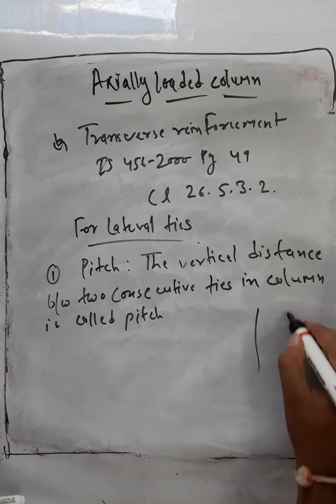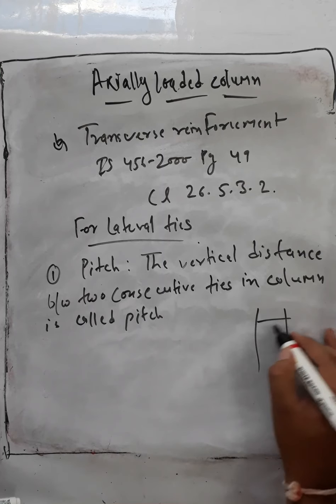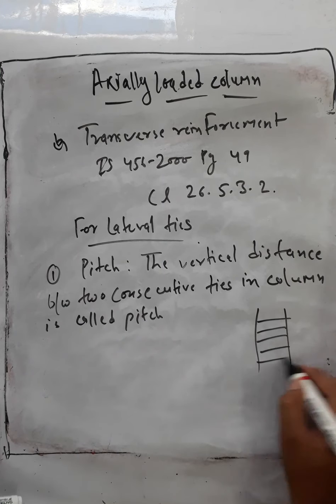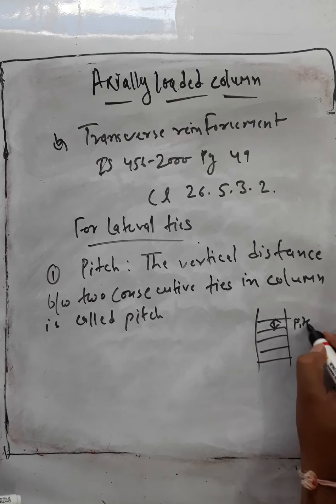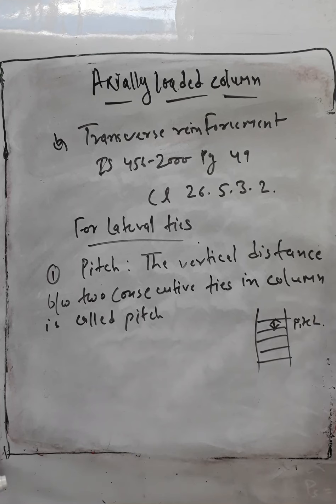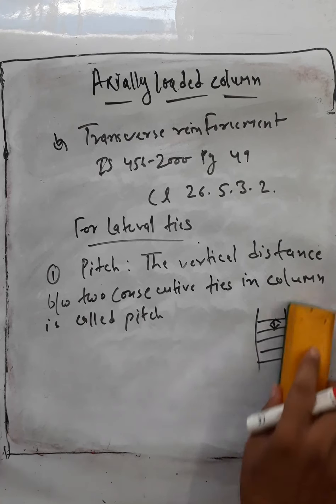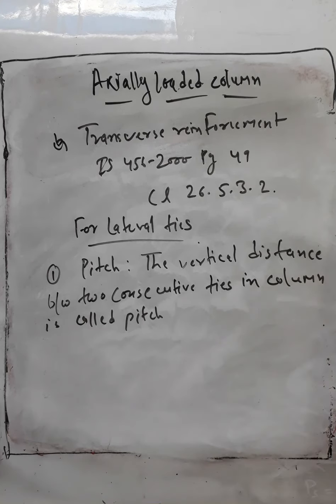Means if this is our column and in this way we have provided the lateral ties, the distance between these two ties we call pitch. This is the vertical distance between two consecutive ties in column.